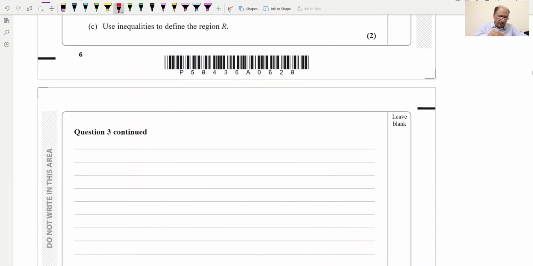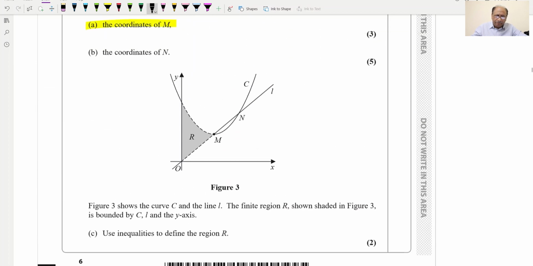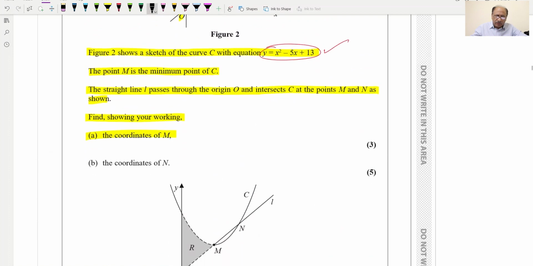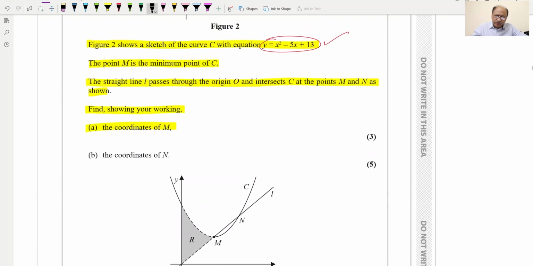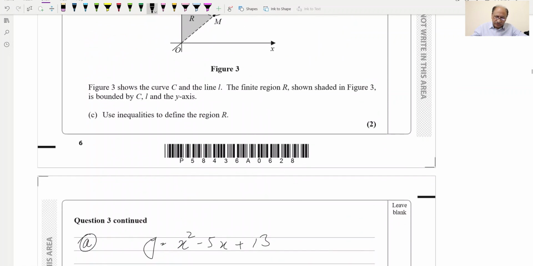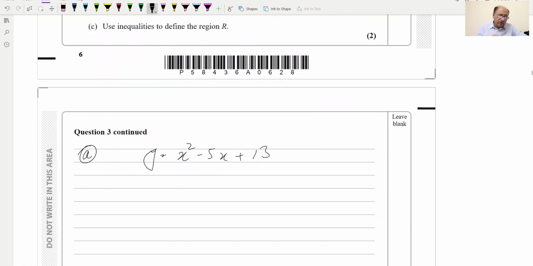So we will write here y is equal to x squared minus 5x plus 13. Now we have to use completing the square.